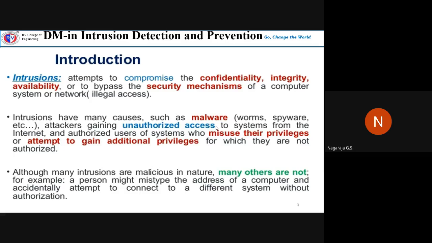Unless you have strong security measures for your system, obviously the intruder is entering and accessing your resources, and they may make a lot of modifications in your system or network. So security components are very important in your networking system.